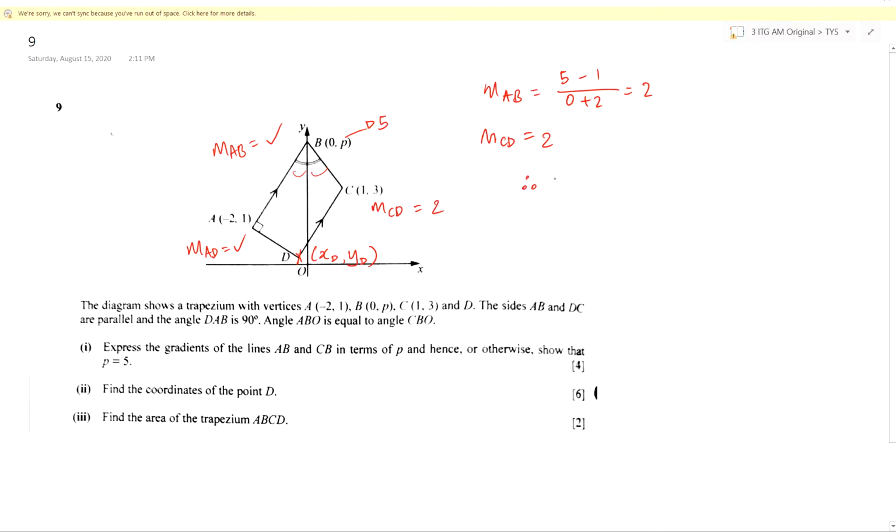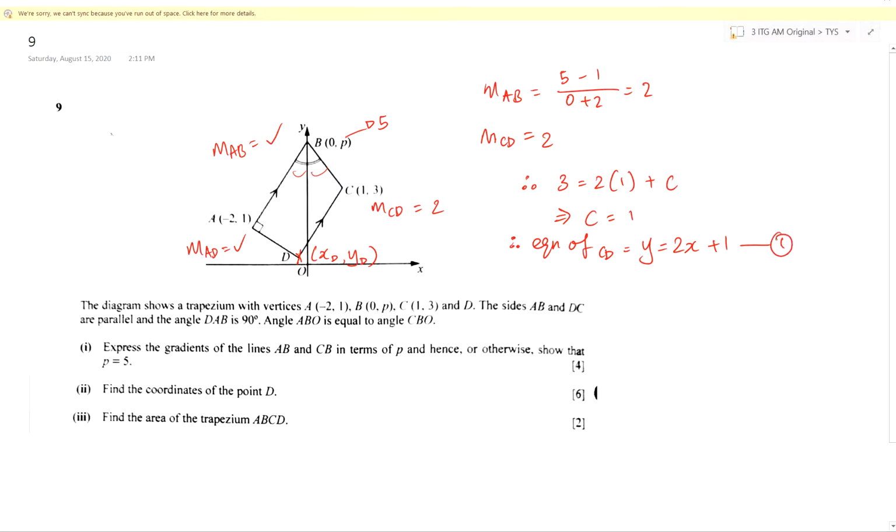So let's substitute into the equation y equals mx plus c. 3 equals to 2 times of 1 plus the y-intercept of CD. In this case, C will be 3 minus 2, which is 1. Equation of CD is y equals to 2x plus 1. So we're going to keep this in mind first.